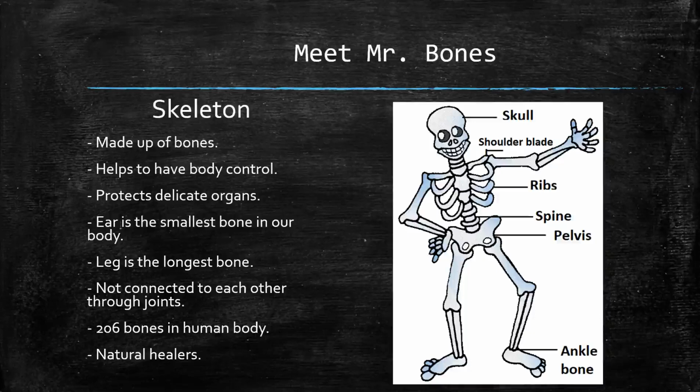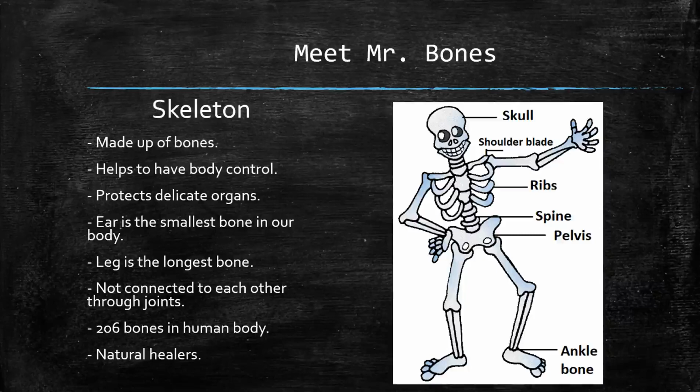Mr. Bones also protects our delicate organs. Skeleton basically protects our delicate organs, which are protected in the rib cage usually. Do you know the smallest bone in our body is in the ear, and the longest bone in our body is the leg.